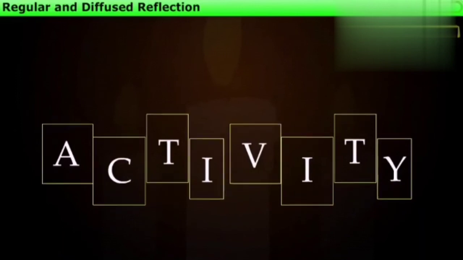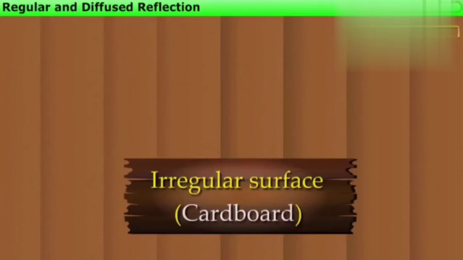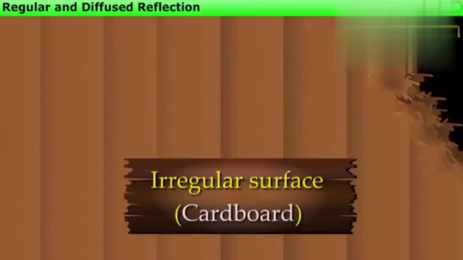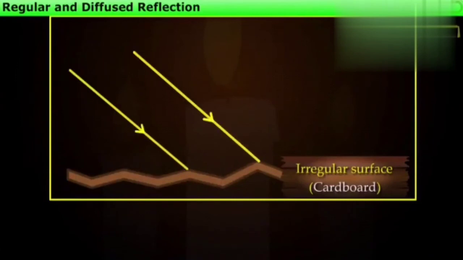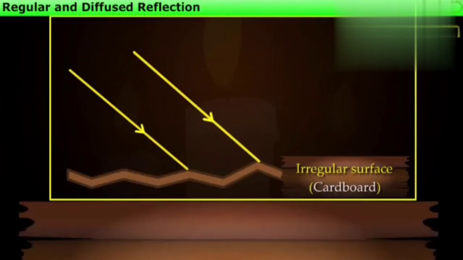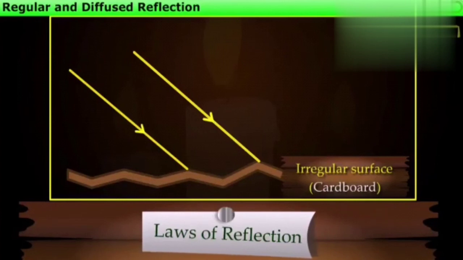Consider an irregular surface like a cardboard. Imagine that parallel rays are incident on an irregular surface as shown. You know that laws of reflection are valid at each point of the surface.